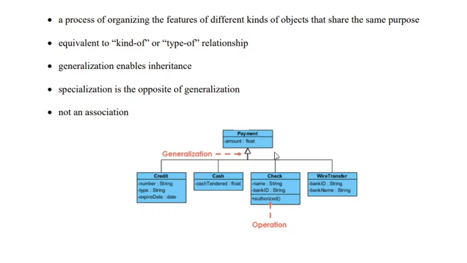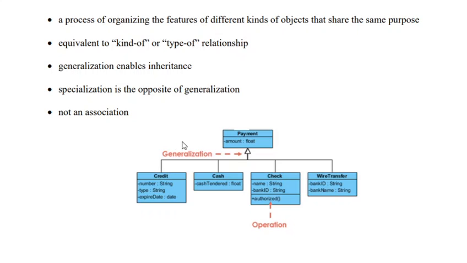And I have a base class called payment. Payment is a base class that is a generalization of all the derived classes. Whatever is common between pay via credit card, pay via cash, pay via check, and pay via wire transfer is the definition of the base class.